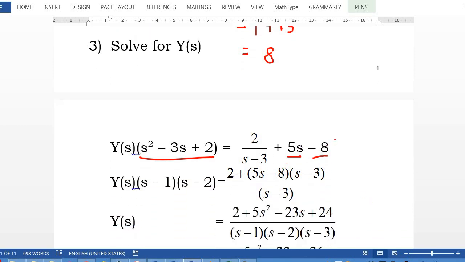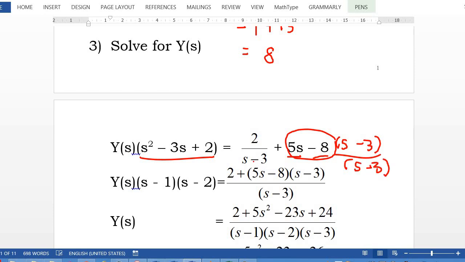Then for 5s minus 8 and the fraction 2 over s minus 3, combine into one fraction. We want to combine 5s minus 8 with s minus 3, so you have to multiply by s minus 3 and then divide by s minus 3.